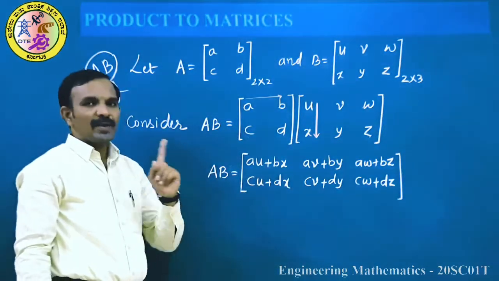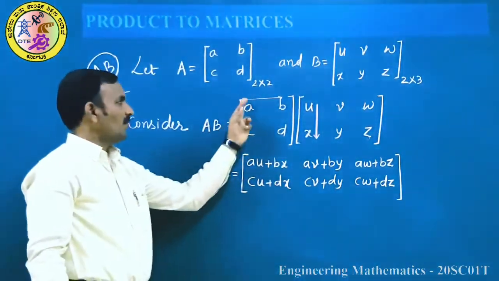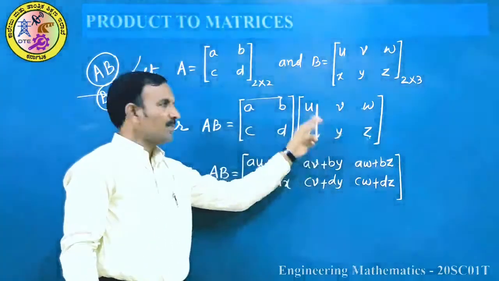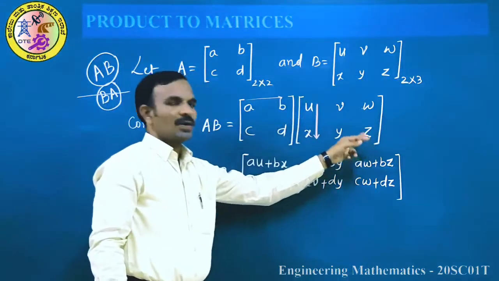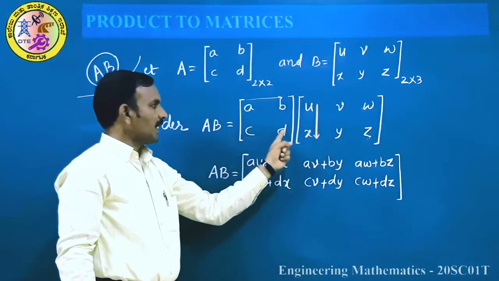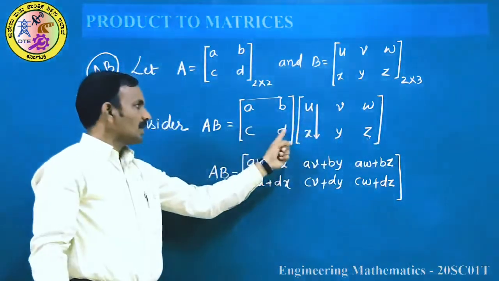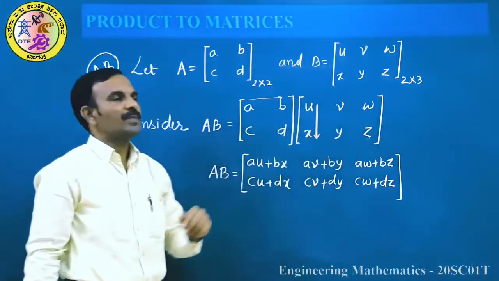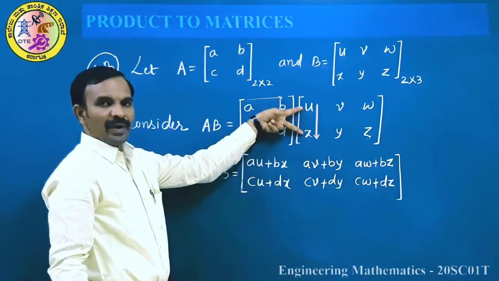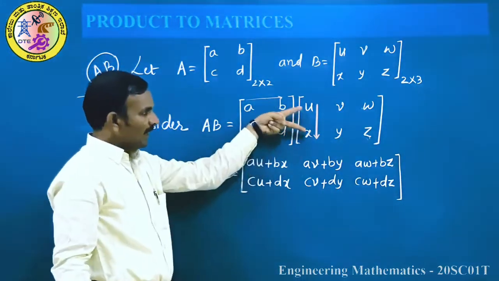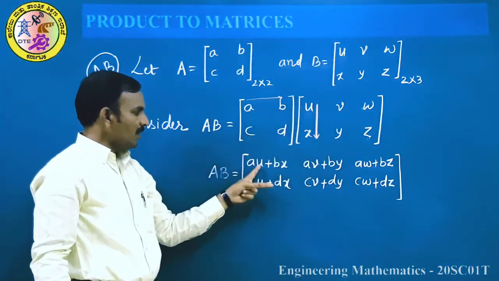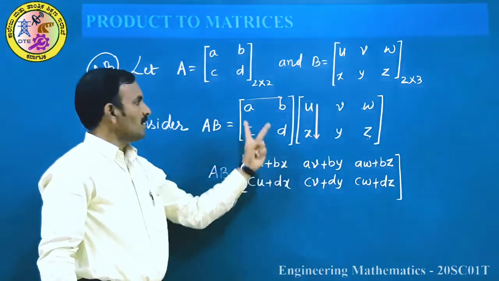Next you have to multiply row by column. First row first column, first row second column, first row third column. Next, second row first column, second row second column, second row third column. First row first column: AB multiplied with UX, A into U, B into X, that is AU plus BX.